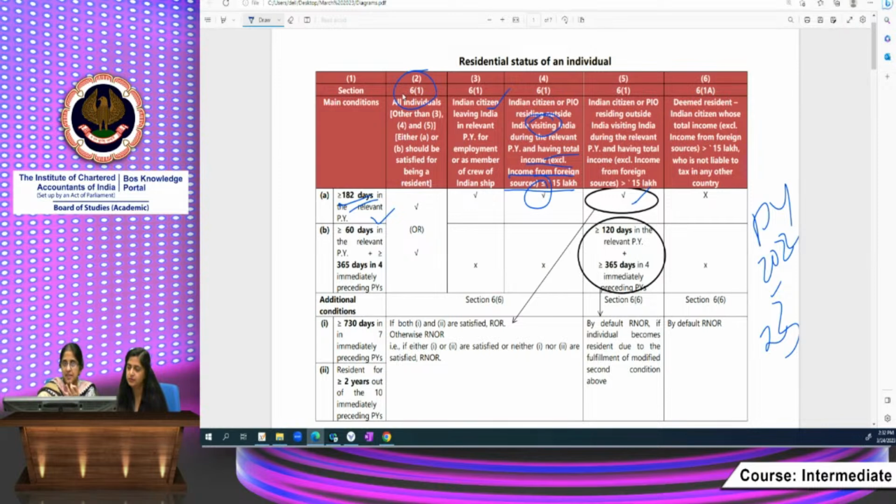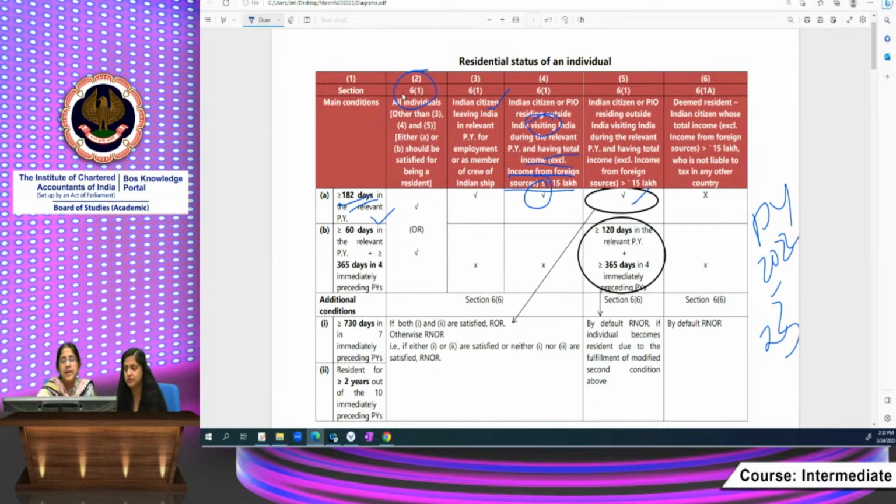That is greater than 15 lakh. Then I have to see 182 days, and if 182 days is not satisfied, then I have to see 120 days. 120 alone on a standalone basis is not relevant. It is 120 days in the current year plus 365 days in the immediately four preceding years. Then he would be treated as a resident.